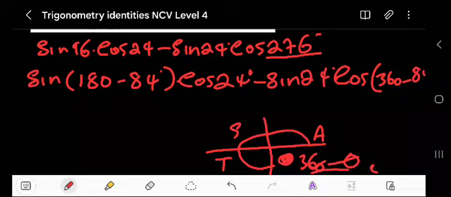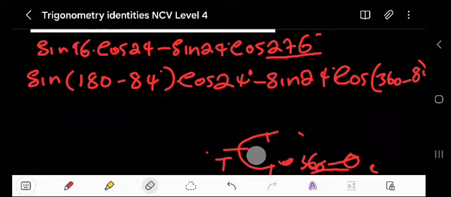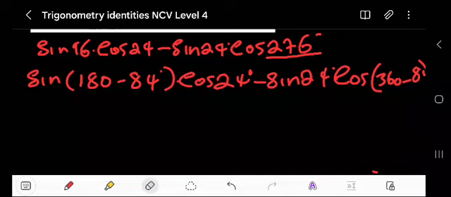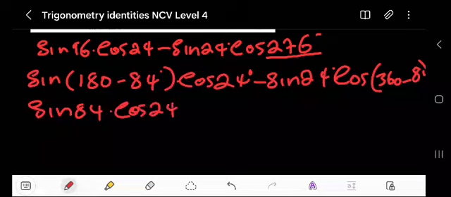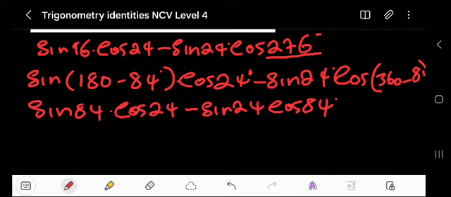Then this will simply equal sine 84, obviously positive there, multiplied by cos 24 minus sine 24 multiplied by cos 84 degrees.